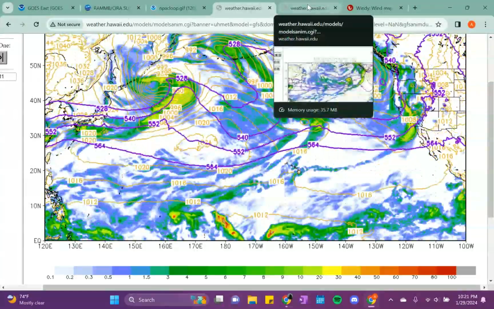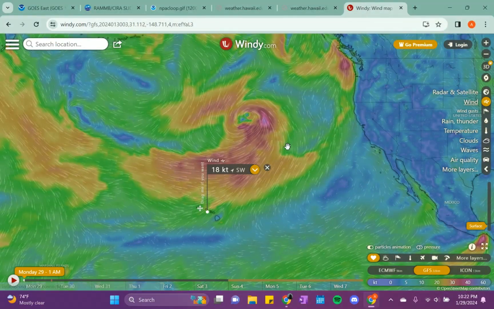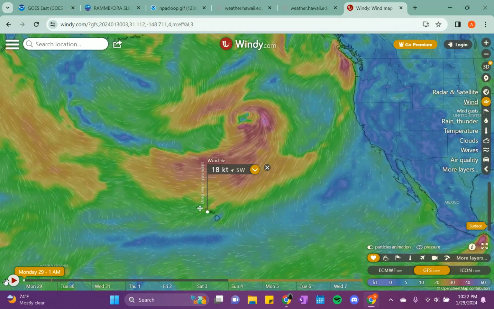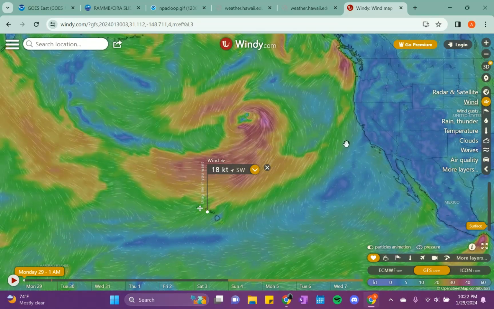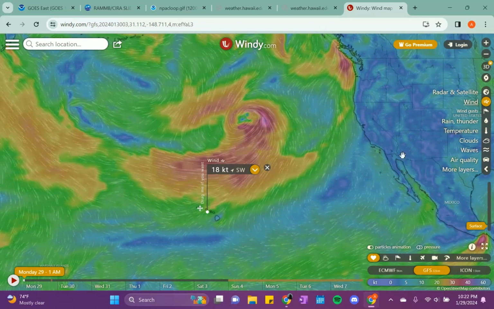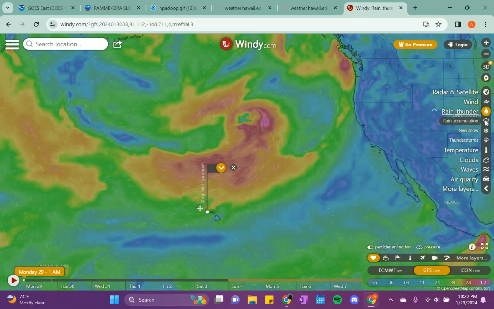One more resource that I want to share is this wonderful website, windy.com, and you can also access model data here. Right now we are looking at pretty much the current time in wind speed, colored, but we can change this to look at rain.